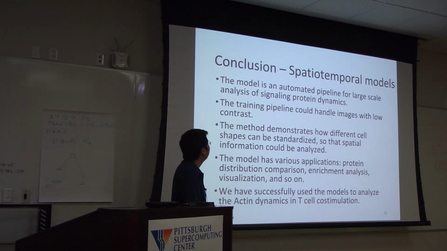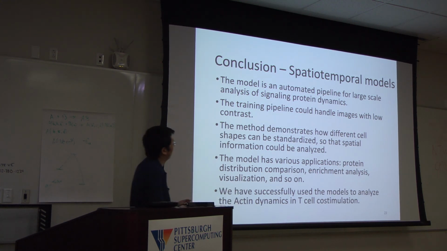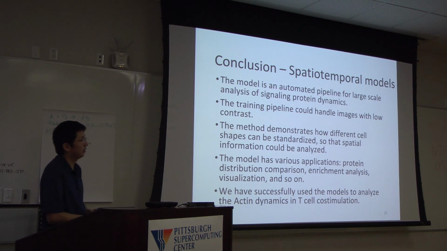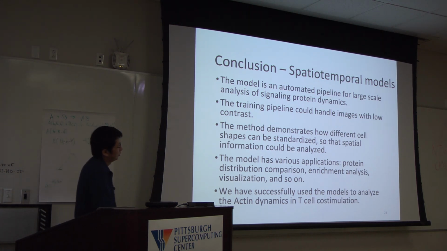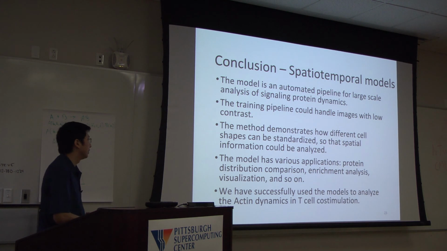So here's a small summary for the model. Our model is an automatic pipeline. It can handle large-scale images, and also images with no contrast. Our method can handle cells with different shapes, and we can standardize them and analyze their intensity.